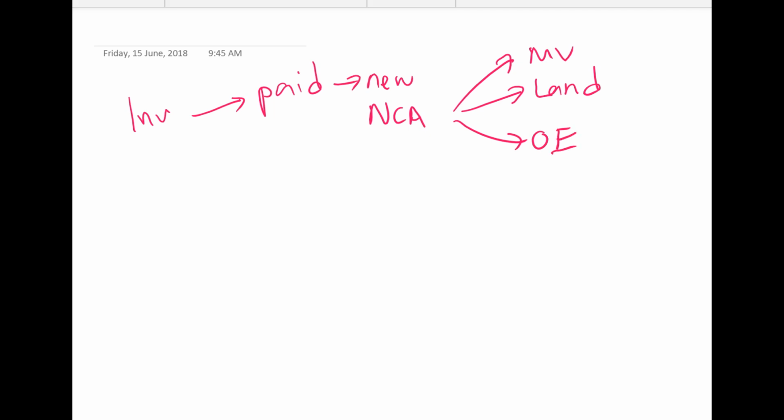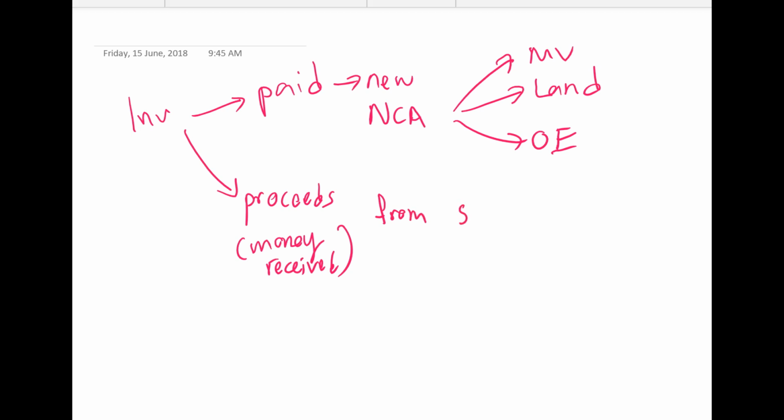Okay. And then under investing activities, you will also have something like proceeds. Proceeds is the money that you receive from selling off non-current assets.